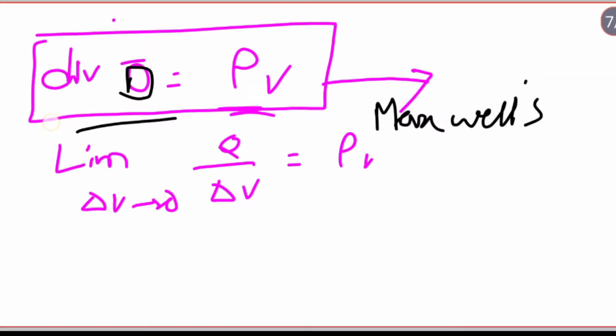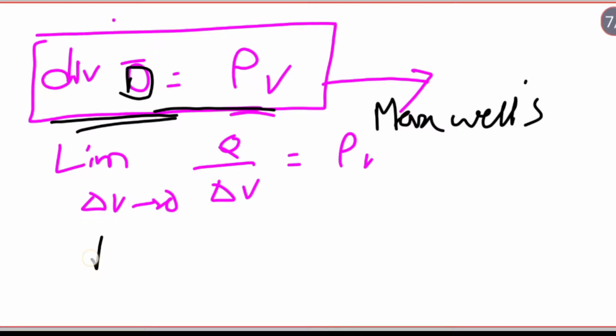The statement of Gauss law in point form, or Maxwell's first equation, is divergence of D bar equal to ρv.